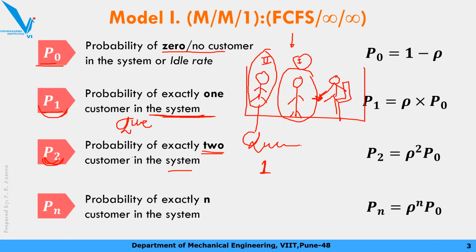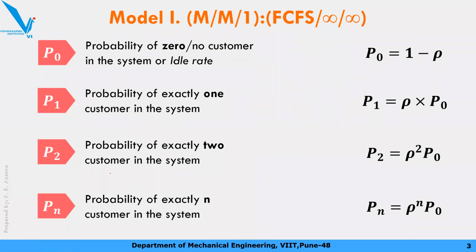Sometimes we are asked to calculate the probability of only one customer in the queue. So what should we calculate?